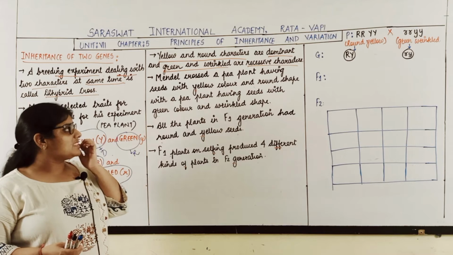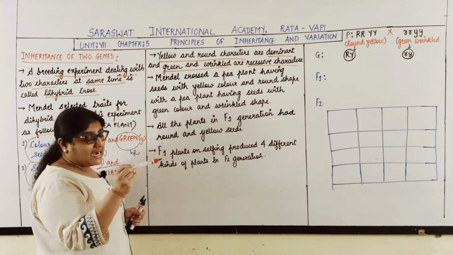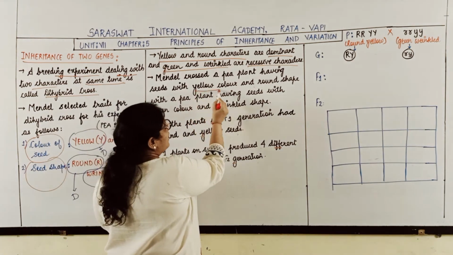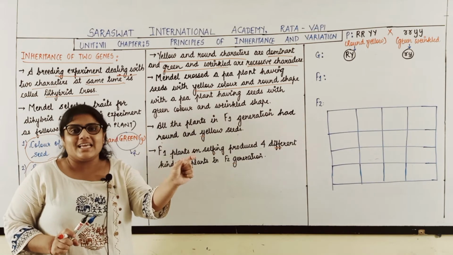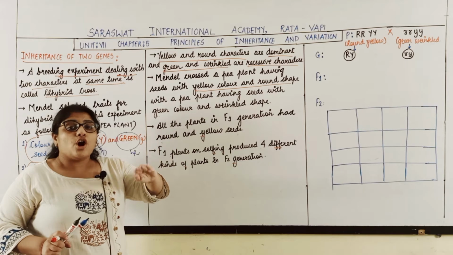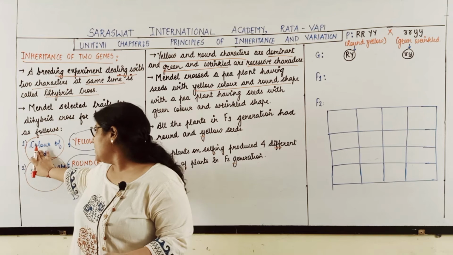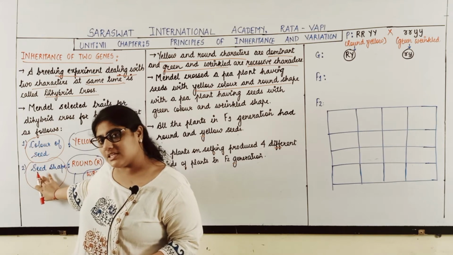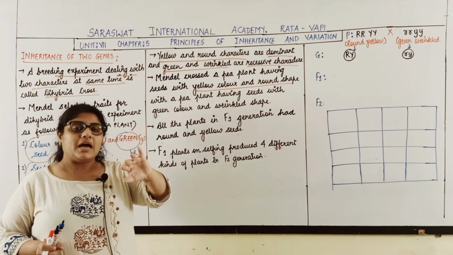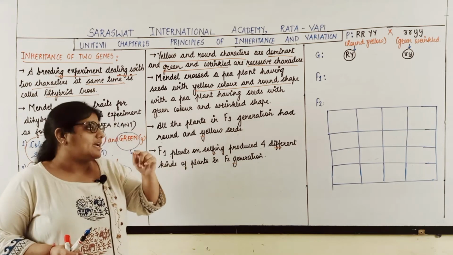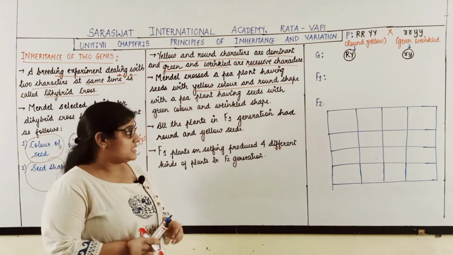How did he perform the cross? He took a plant with yellow color and round shaped seeds.